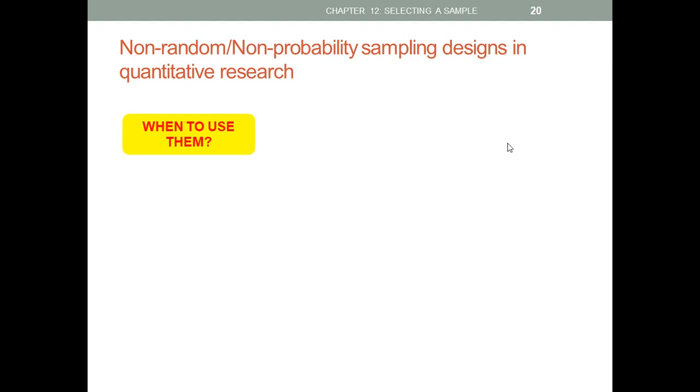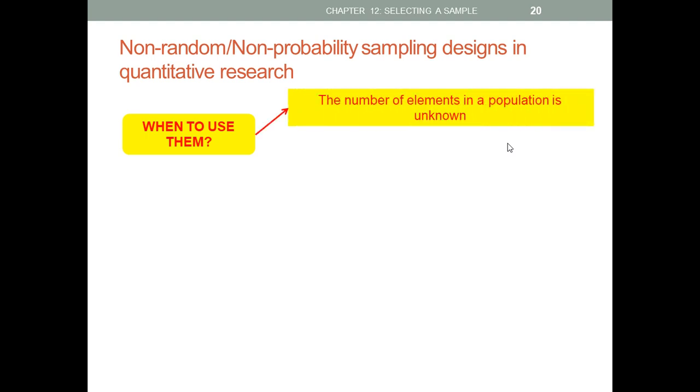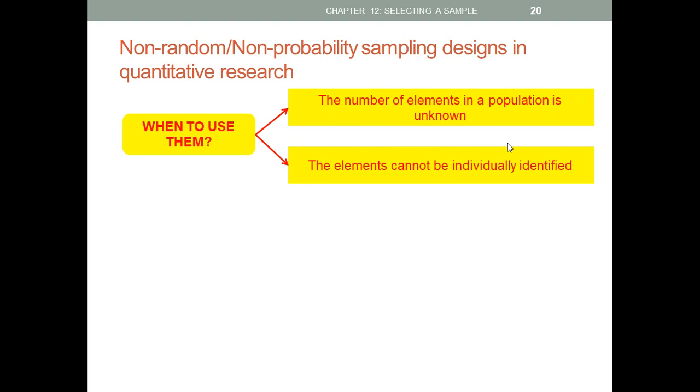So the question is, when does a researcher use one of the non-probability sampling designs that we are going to cover in this part? Yes, there are 2 reasons why a researcher must resort to using the non-probability sampling design.